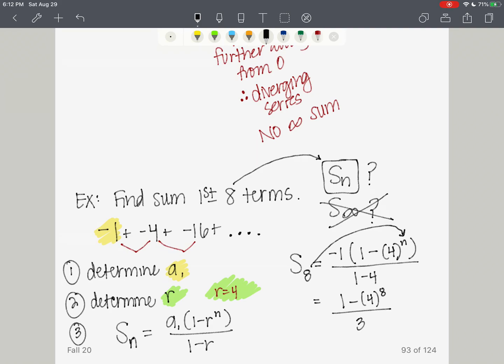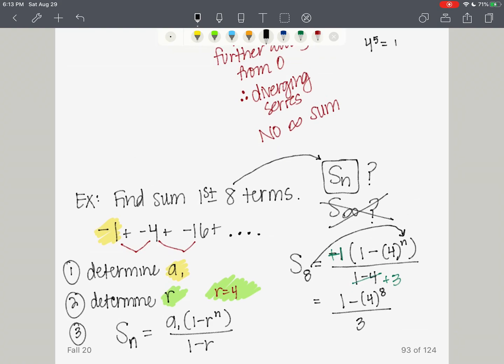Now this became 3 because -1 over -3 is +3 in the denominator. The negatives canceled and became positive. Now 1 minus 4 to the 8th. What is 4 times itself 8 times?